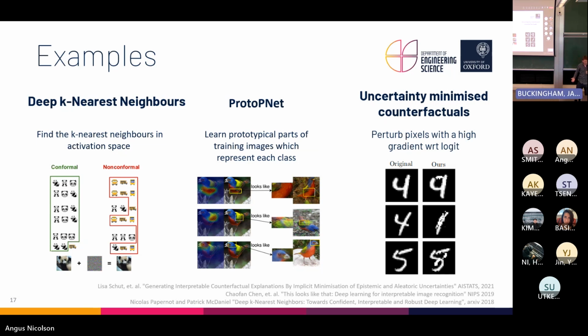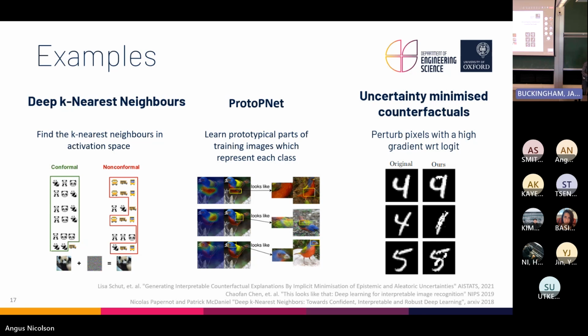For a counterfactual example, this is not as advanced and is generally used for simpler data sets. But we've got an example here with MNIST, just handwritten digits, and you've got a counterfactual where we've got a 4, and what do we need to change about this image to make it a 9?